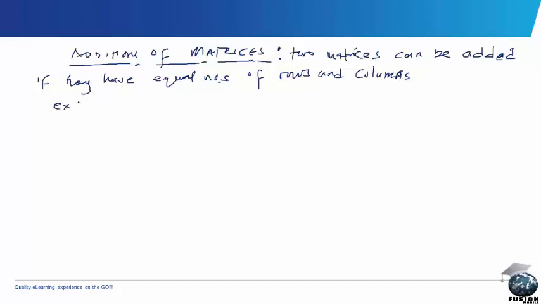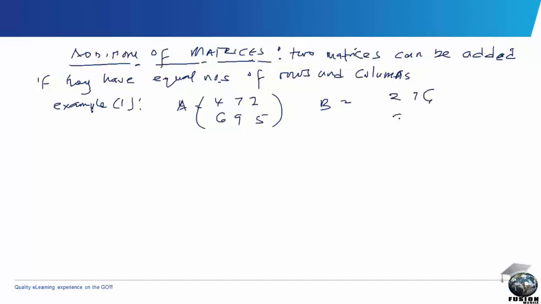We can take examples like this. Example 1. Alright, we have two matrices. We have the matrix A equal to 4, 7, 2, and so on. And then we have matrix B equal to 2, 7, 6, 3, 1, 5.